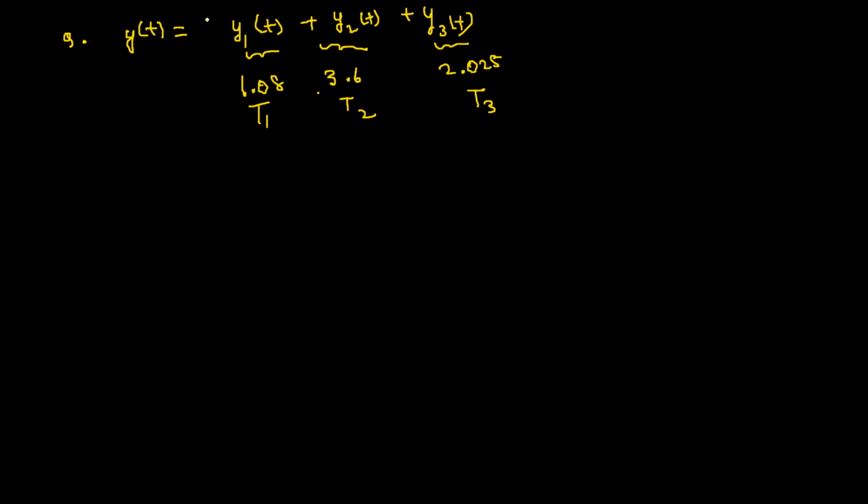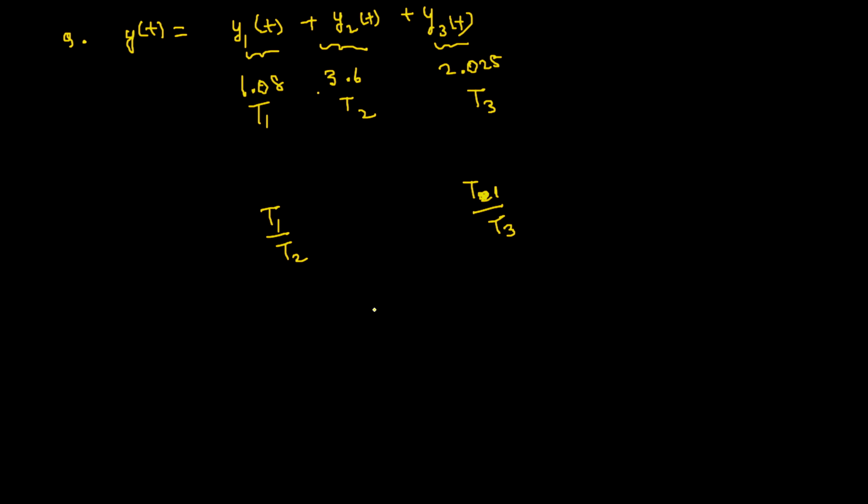So the first step to finding the period of this function is to check if it's actually periodic or not. So for that, what we do is we see t1 by t2 and t1 by t3.